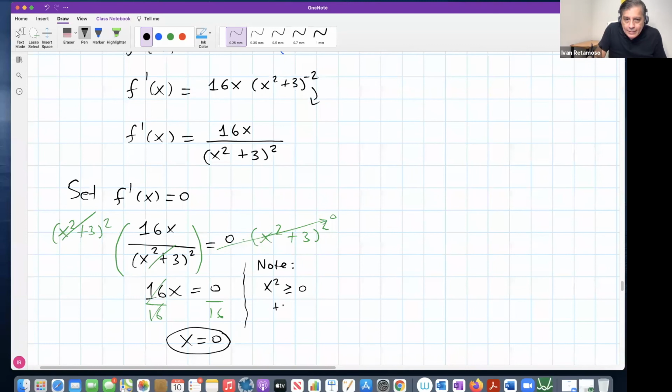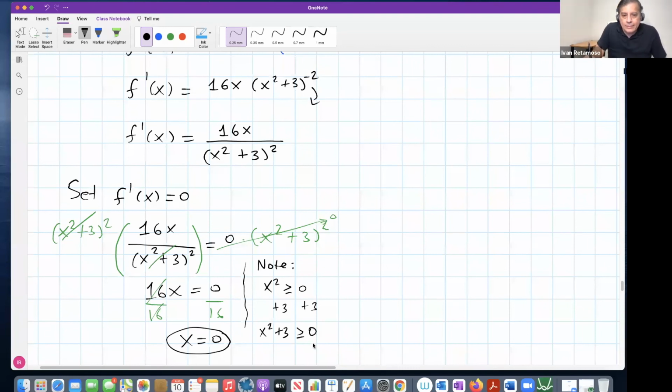If you add 3 to both sides of this inequality, x squared plus 3 is greater than or equal to 3. So there's no way for this to be 0. So don't worry about that. Just stay with this as your critical point, right? That's the whole idea here.